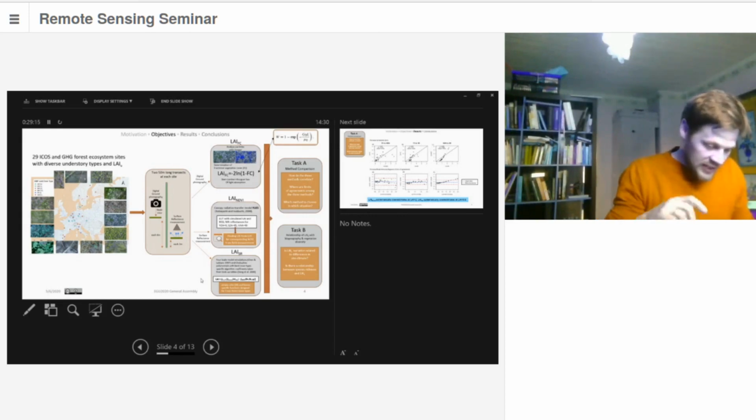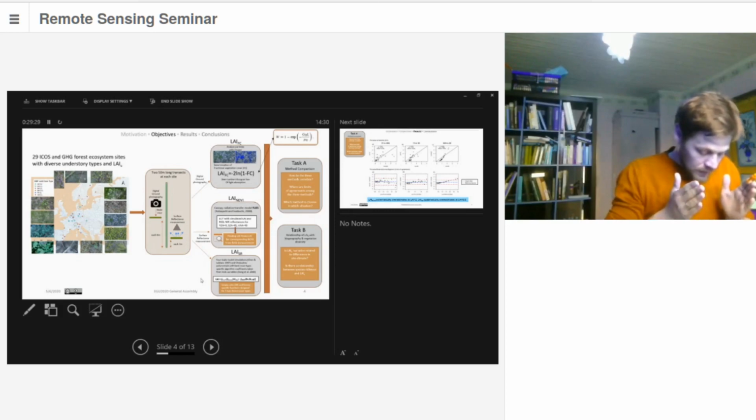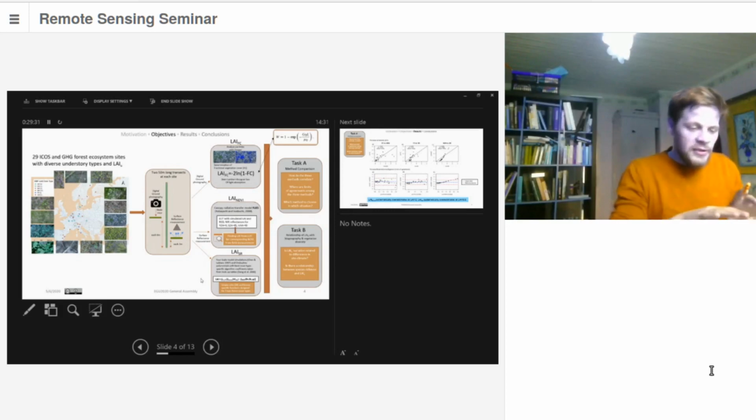And the second improvement was actually that they argued, well, in these common leaf area index products that you get, the product itself is forced to a common viewing geometry, okay?